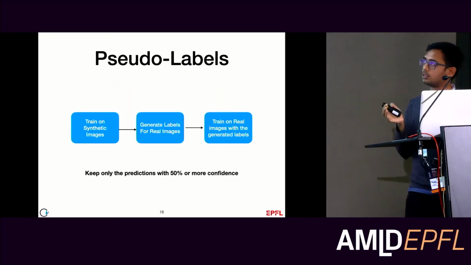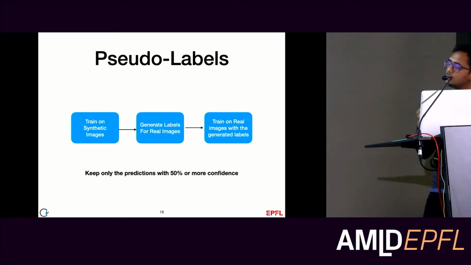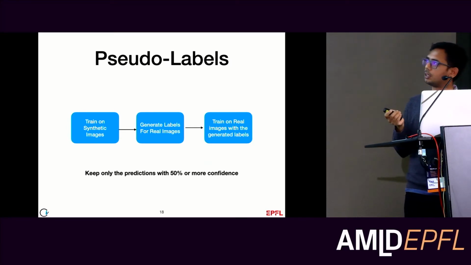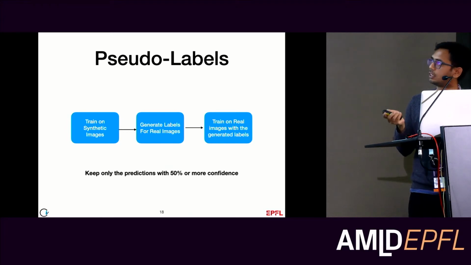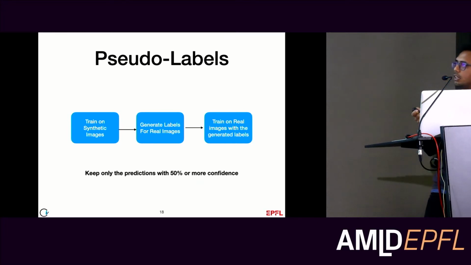Going to how to tackle that, we switched to a relatively simpler method, which is pseudo-labeling. So what you can do is train your detector on synthetic images, generate the predictions on the real set of images, and then retrain or fine-tune the network on these generated labels. So you are bringing whatever was trained with the synthetic images closer to the real image space.